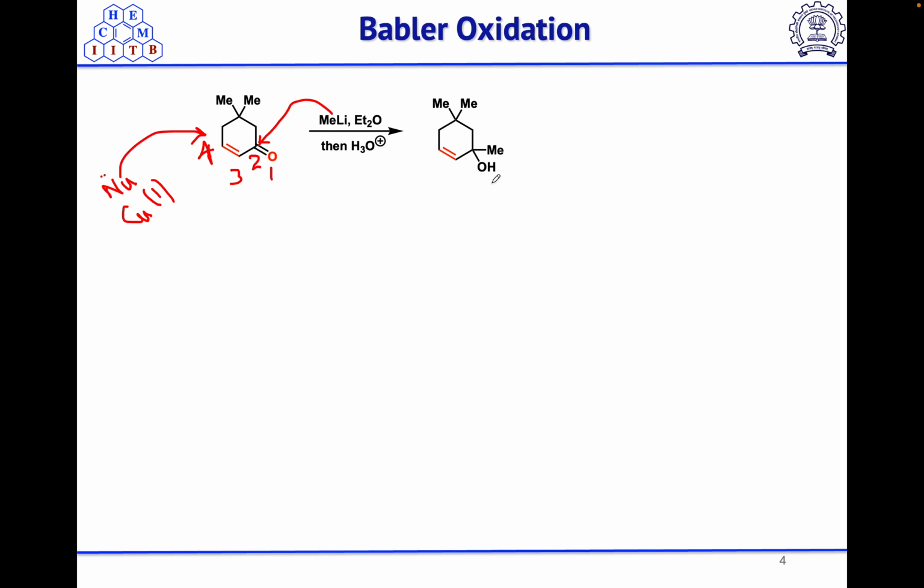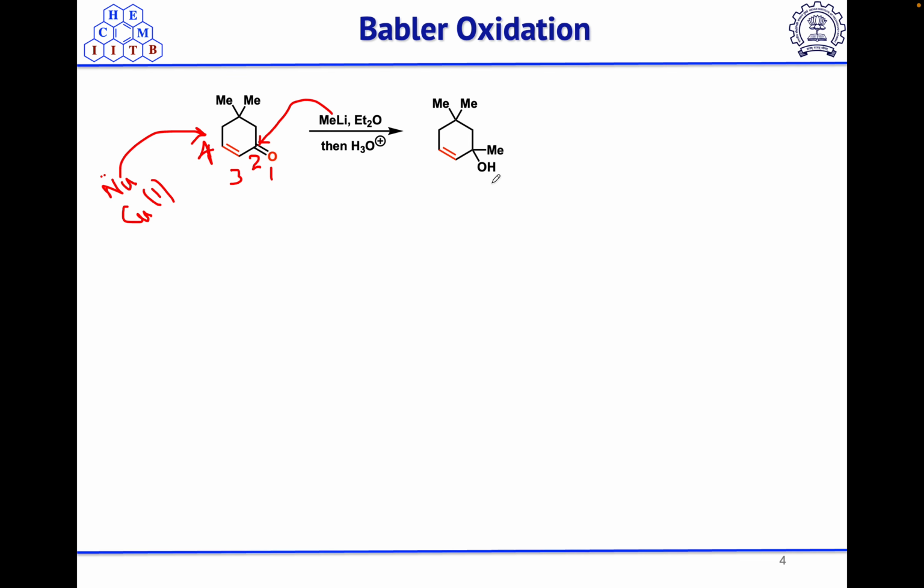Now if we want to do oxidation of alcohol, we need to have a primary or secondary alcohol. If we have primary alcohol, we will get aldehyde after oxidation, and if we have secondary alcohol, we will get ketone.